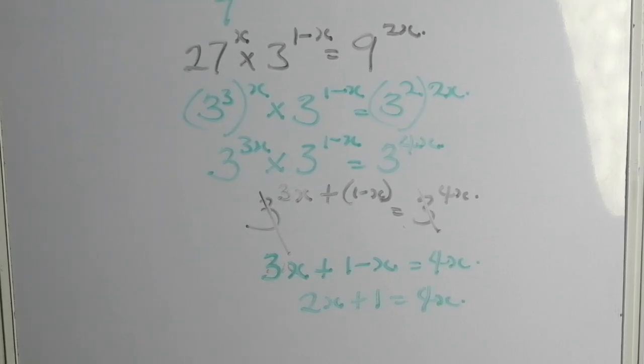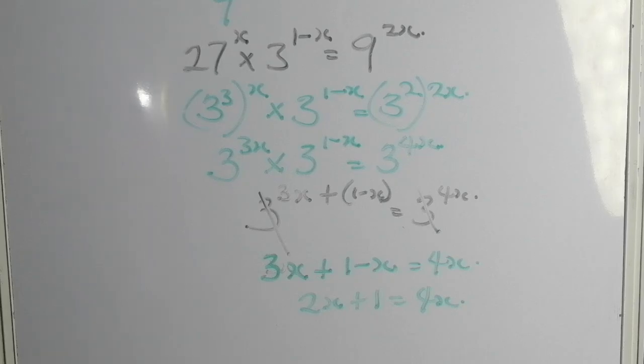I can transfer 2x to the other side. And I've told you that when a term is crossing an equal sign, from the left hand side moving to the right hand side, the positive will change to negative. But when a negative is crossing an equal sign from one side to the other side, it means that the negative will change to positive.